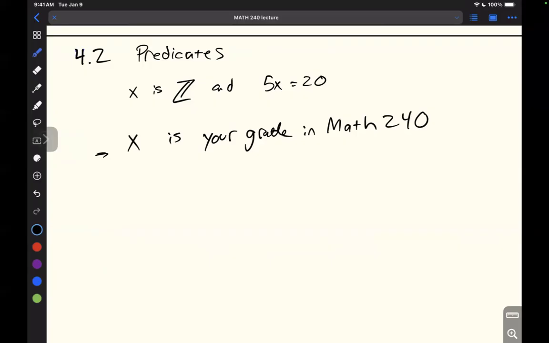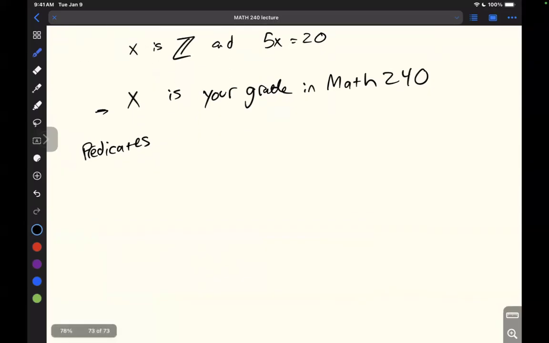It's not specific, and so we can't say that it's a proposition. We need more information. And so for the things that we've needed more information for, these are now called predicates. The book also says propositional form or open sentence.